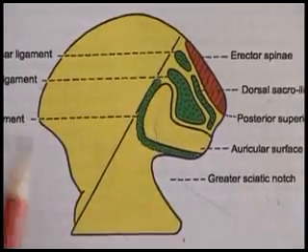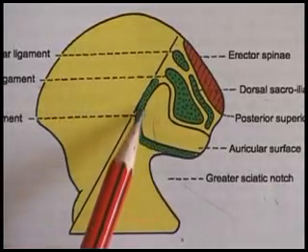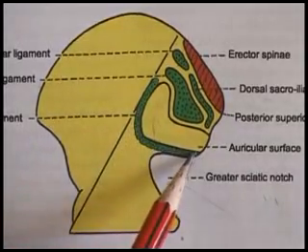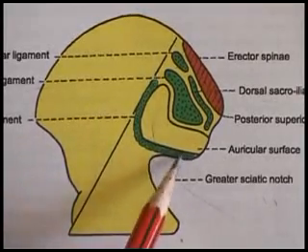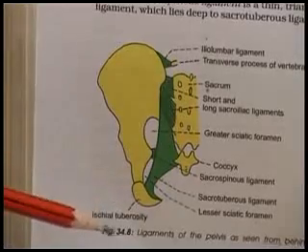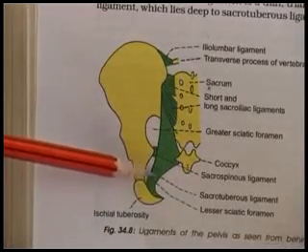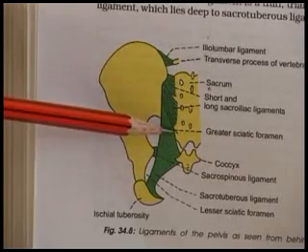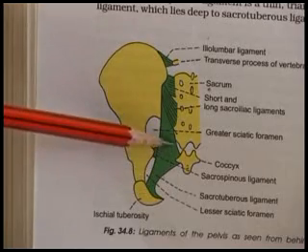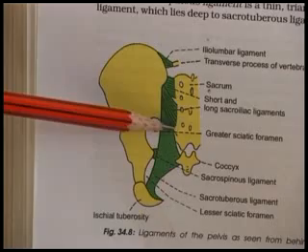The ventral sacroiliac ligament is attached to the convex margin of the auricular surface. It is also attached to the pre-auricular sulcus. Arising from the ischial tuberosity is a strong ligament, the sacrotuberous ligament. It passes up to the posterior superior iliac spine, the posterior inferior iliac spine, and to the back of the sacrum.